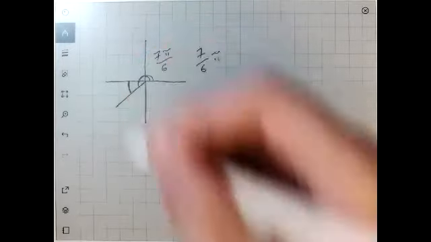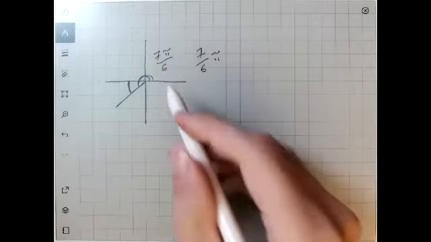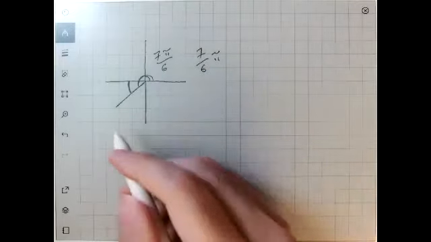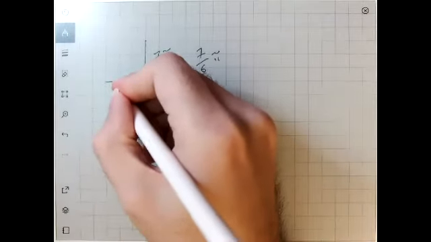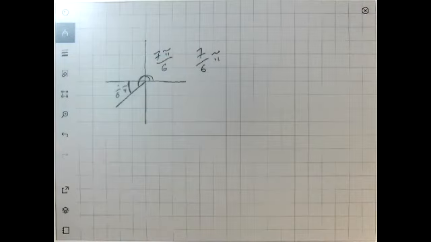And the importance of a reference angle is that we look related to the x-axis. So 7/6 pi takes us here, which is 1/6 pi, pi over 6, beyond the x-axis. So 7/6 pi and 1/6 pi are going to take on the same values.